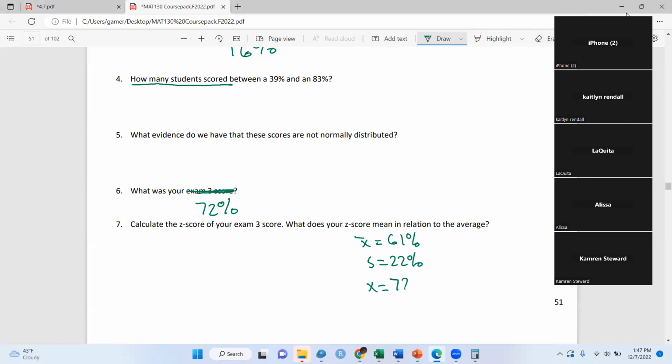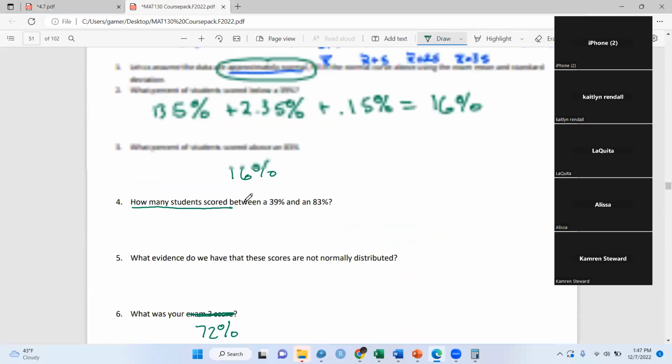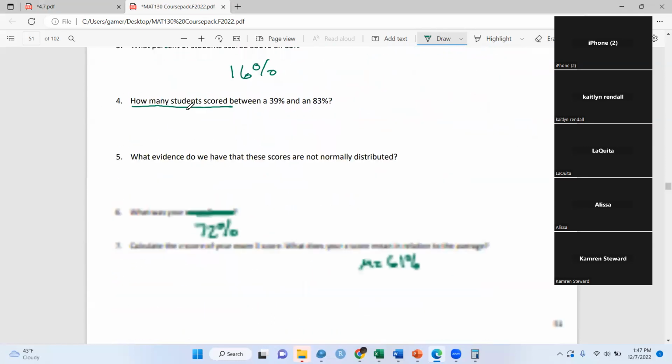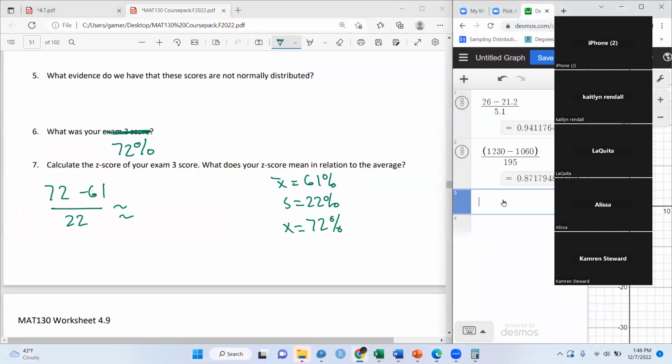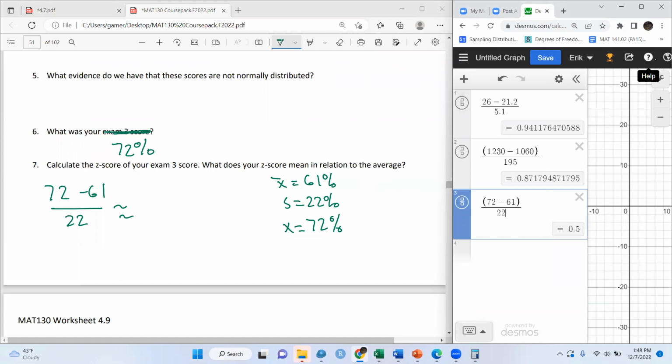So that would be 72 minus 61, divided by 22. That's our calculation. And it's exactly 0.5.